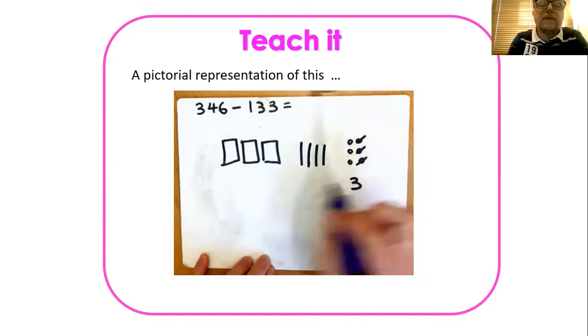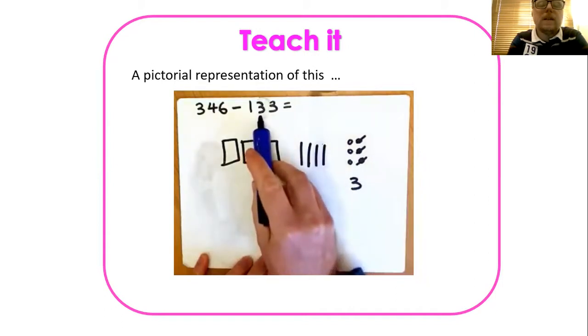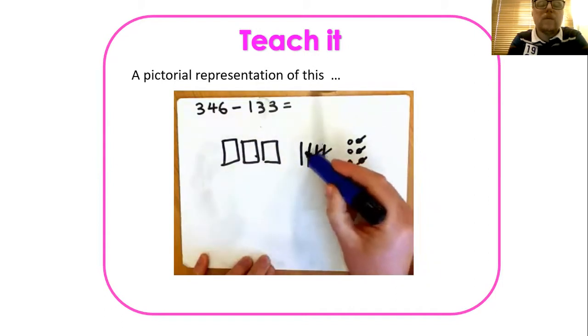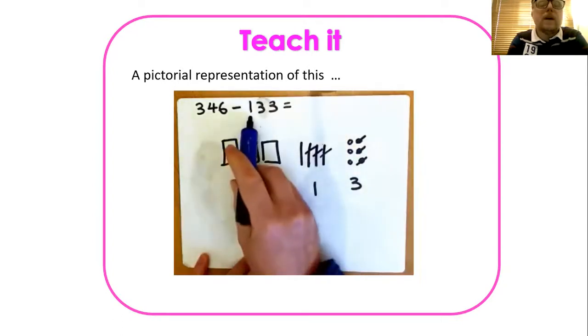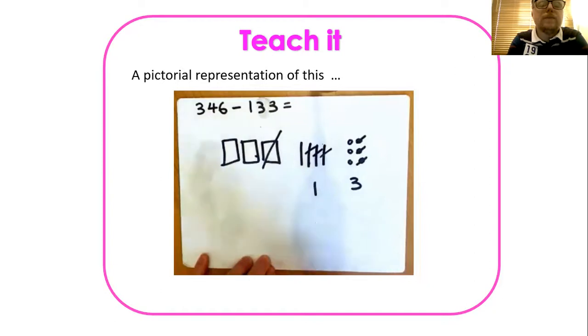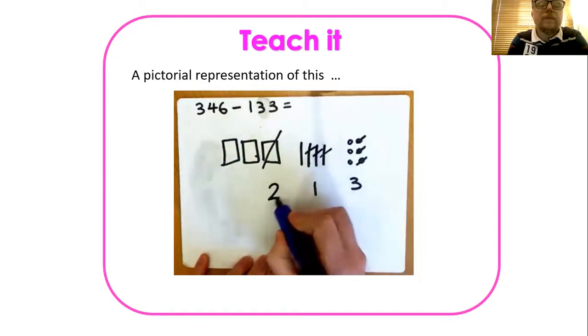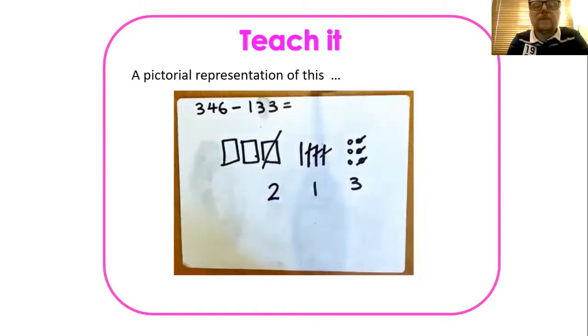I've still got 3 left. I've got 4 tens. I'm going to take 3 of them away. 1, 2, 3. I've still got 1 left. And I've got take away 100. 213. It's almost easier, I think, with drawing the pictures than it was with the equipment.